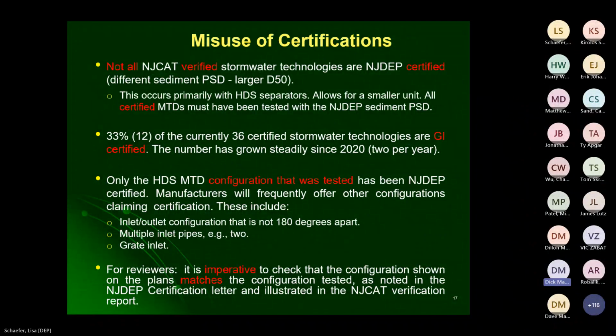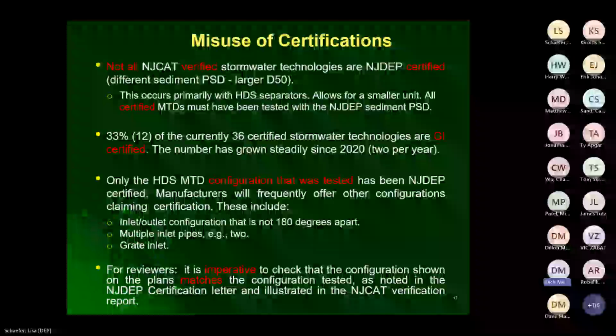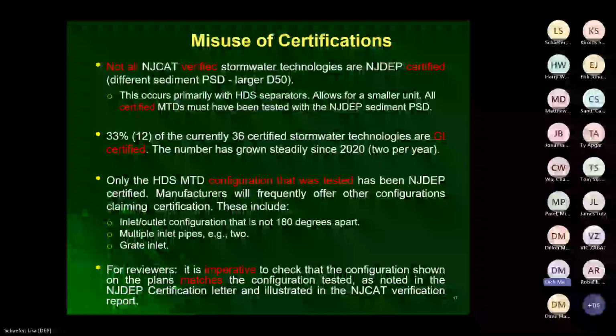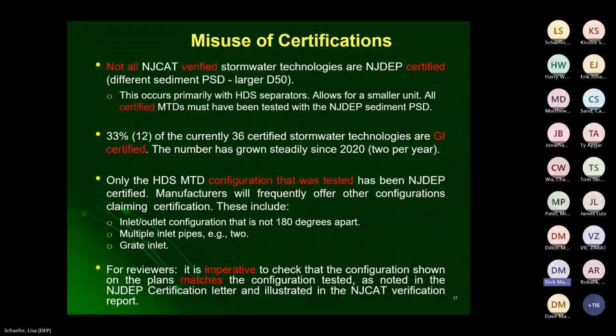But some states, as I mentioned, do not want to go to filters. So as a consequence, they say, well, what can we do with a separator? Well, New Jersey has a pretty stringent particle size distribution for the sediment that we have to test against. And other states are saying, well, what about if we use a coarser sediment, one which has a larger D50, D50 being 50% of the sediment is below that particle size, 50% is above.